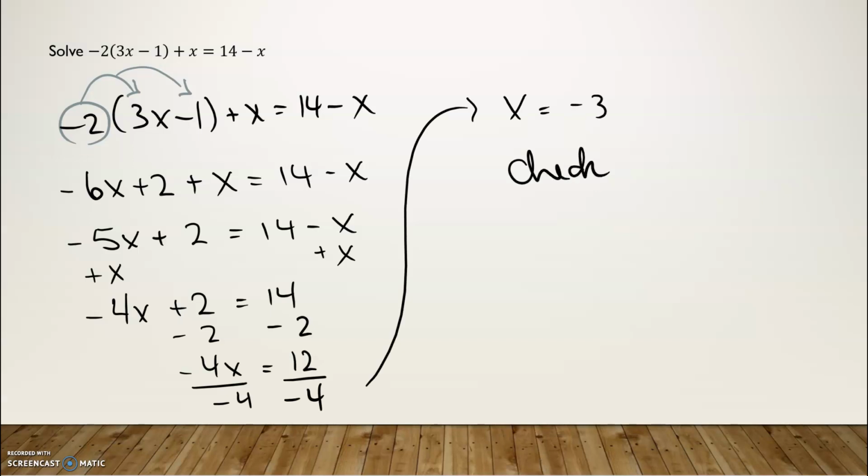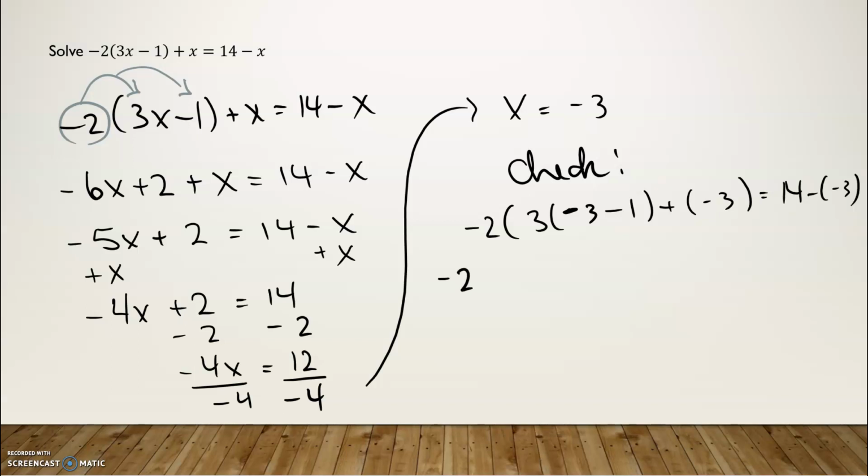Okay, so make sure you check. So negative 2 times the quantity 3 times negative 3, minus 1, plus negative 3 is equal to 14 minus negative 3.